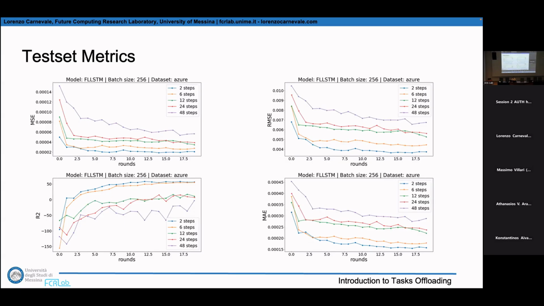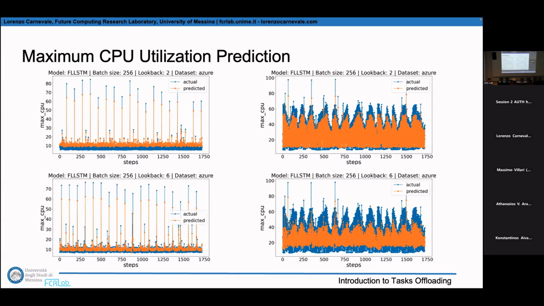So then, as I said, the values of these metrics are quite good. And if we look at the prediction, we can say that yes, there are still cases where the prediction is at the average, like in the bottom right part of this slide.